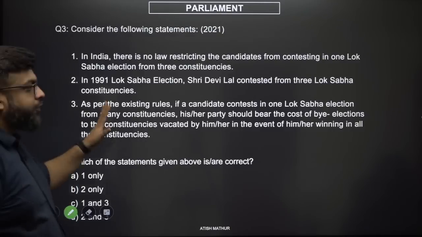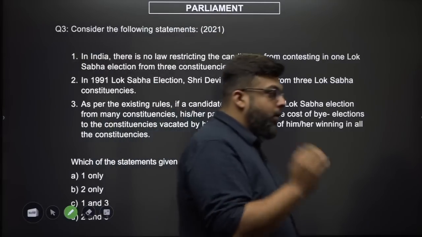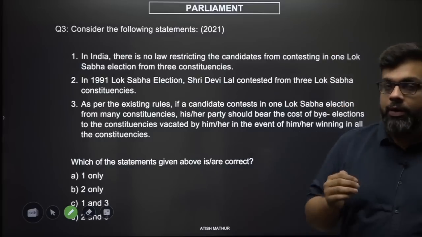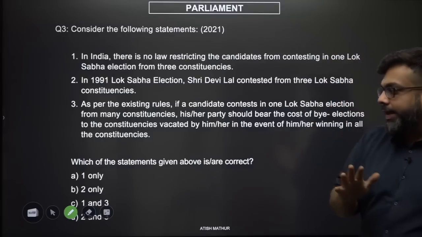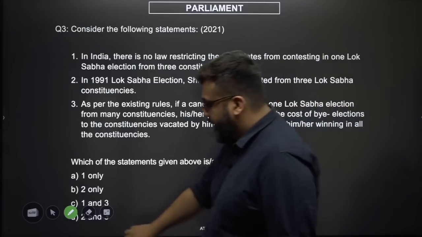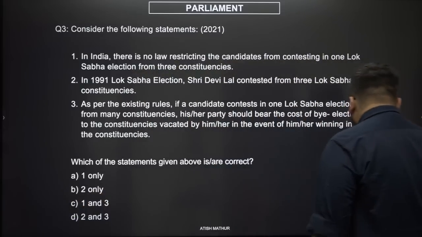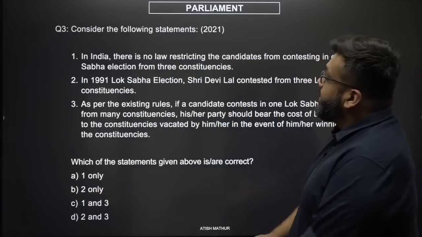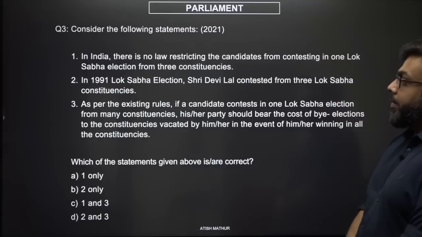A tough question. A lot of people got this question wrong last year, but let us see if we could try and solve this question. Okay. Consider the following statements. Statement number 1.